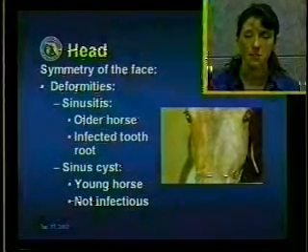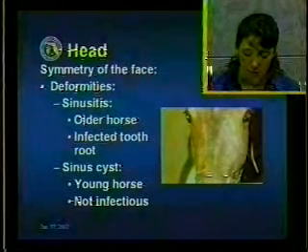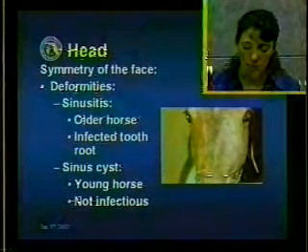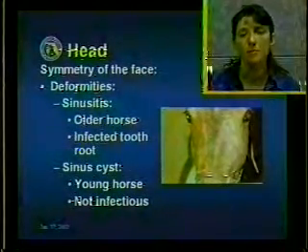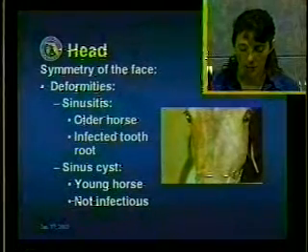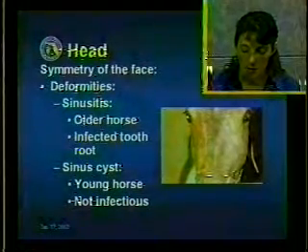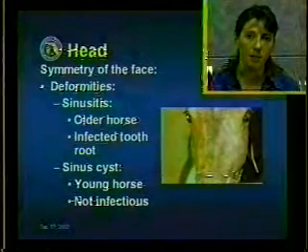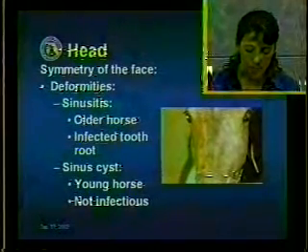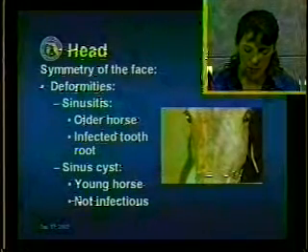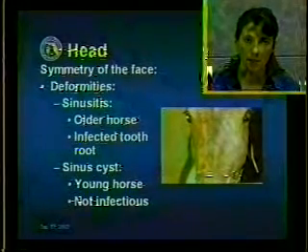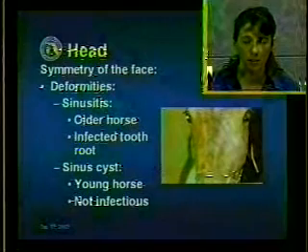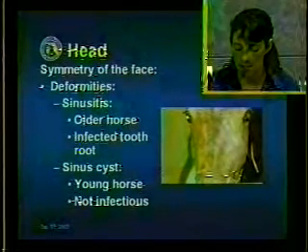The maxillary sinuses are the ones that are most commonly affected. This type of lesion can be detected on head radiographs, and the initial problem should be addressed, which means sometimes to remove the tooth. In young horses, we sometimes observe the presence of sinus cysts, which result in a severe deformation of the face, such as in this picture.